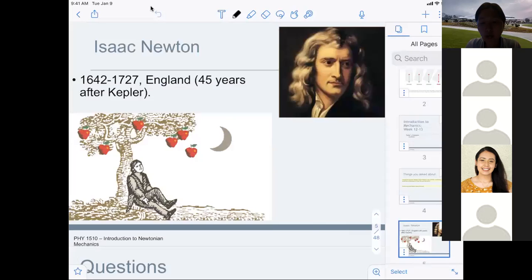We all experience gravity, but it was Isaac Newton who first realized that the force responsible for the falling apples is the same force that is responsible for keeping the planets in orbit. The moon is orbiting around the Earth because of the gravitational attraction between these two, and the planets, including the Earth, orbit around the sun.